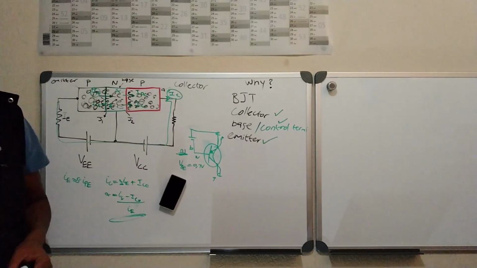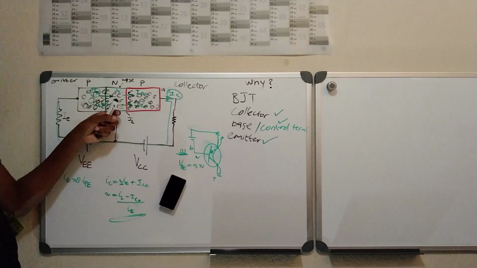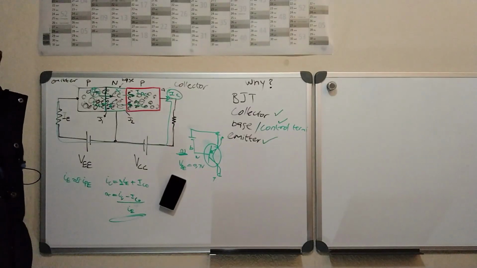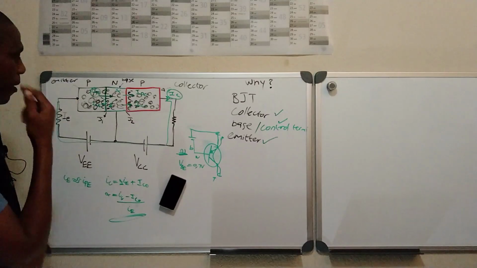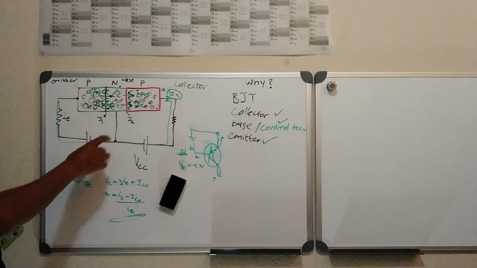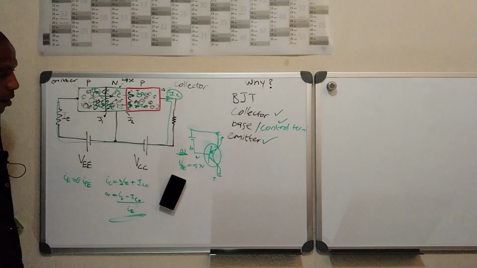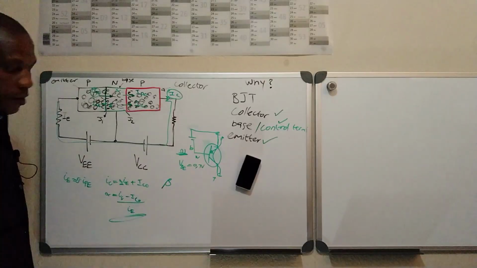Alpha is also known as a common base current gain. Ne? There's another current gain that we use to determine the amount of that large current that flows between the emitter and the collector, and we call it beta.